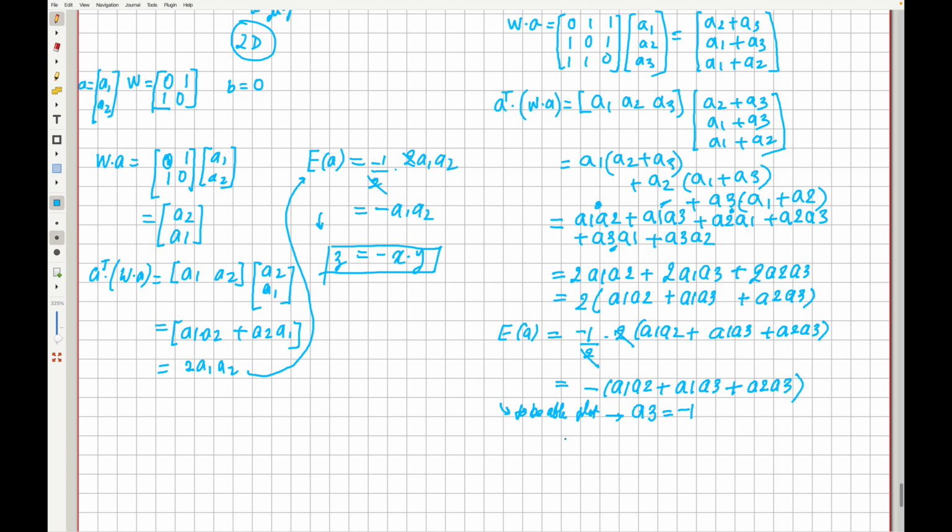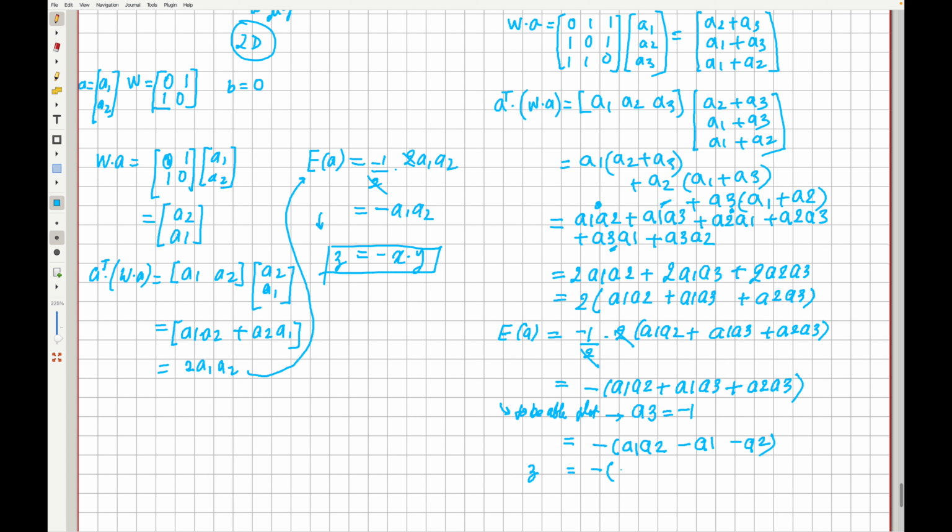So what we have here is minus A1 A2 minus A1 minus A2. In Desmos, when we plot, we'll think of energy on the z-axis, so we can see the peaks and values of the surface.